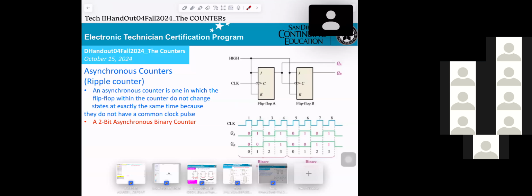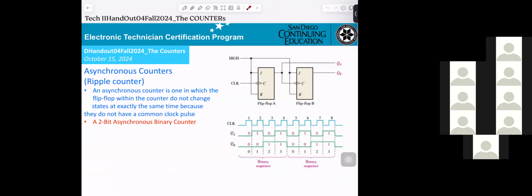Okay, now we will be talking about the lecture. Counter: you understand a very simple thing. Counter just means you are counting. For example, you count 0, 1, 2, 3, 4, 5, 6, 7, 8 up to any number.